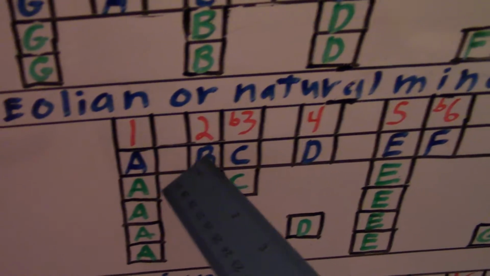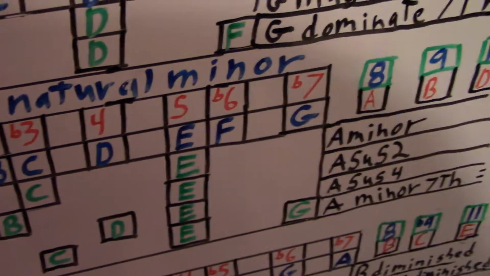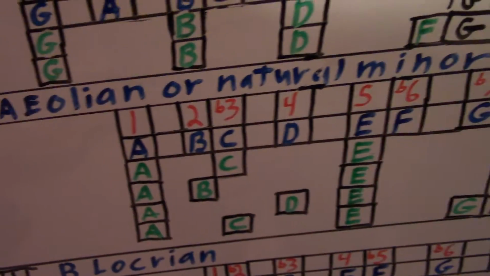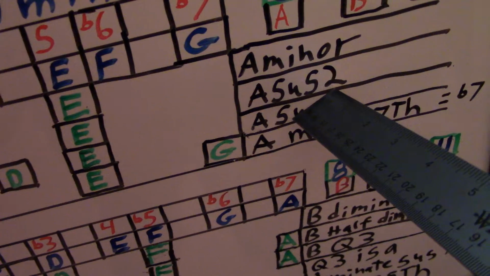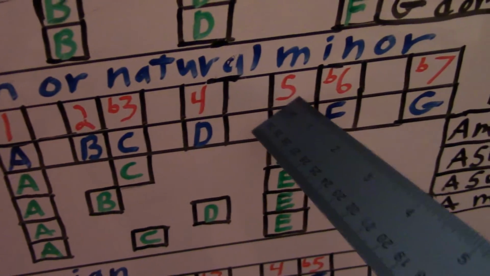Should be a root, flat third, and a fifth, which is A, C, E. Easiest way to remember that. If you were to go with an A sus2, what's a sus2 chord? You have the root note, the second, and then the fifth, which is A, B, and E.